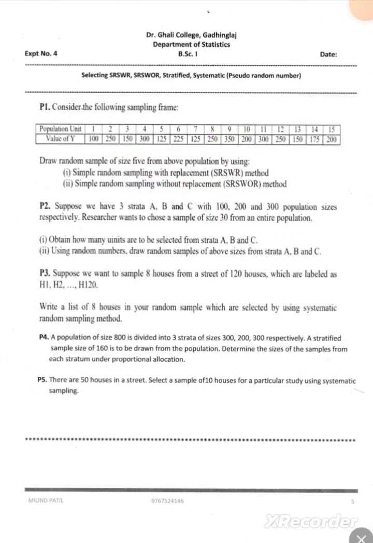To solve such an example, we need to find out the strata size, and on the basis of that strata size we have to take a random sample. See this example, I am just reading this example.